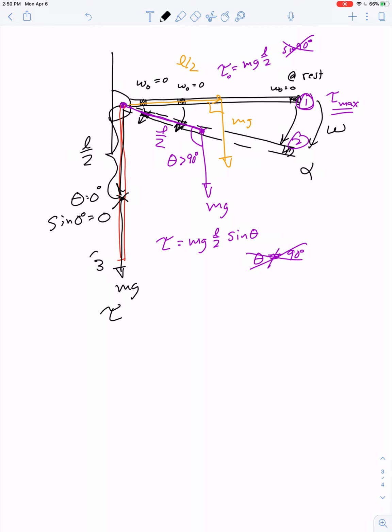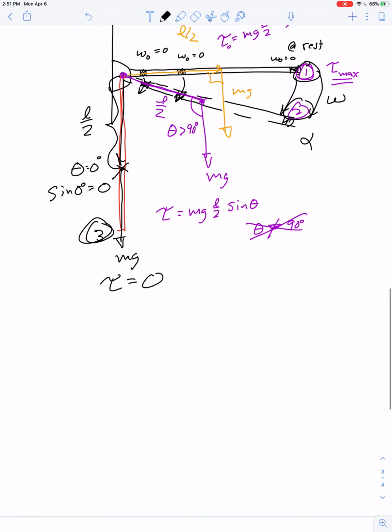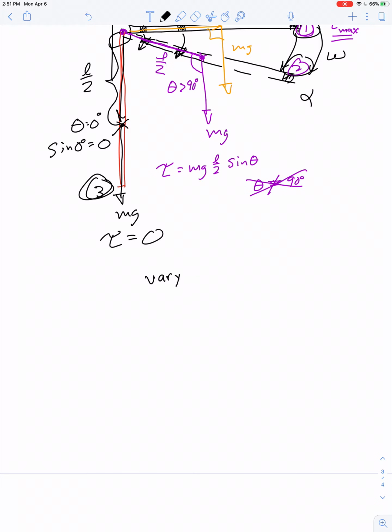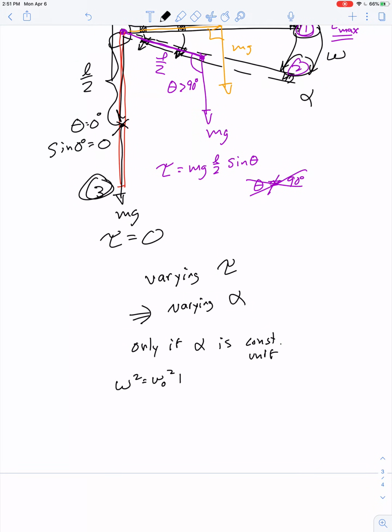And so the torque, when the beam gets into position not 1, not 2, but 3 and goes vertical, the torque is now equal to 0. So you know, if there's a varying torque, then that leads to a varying value of alpha. And by the way, it's only if alpha is constant or uniform that you can use equations like omega squared equals omega naught squared plus 2 alpha theta, etc.